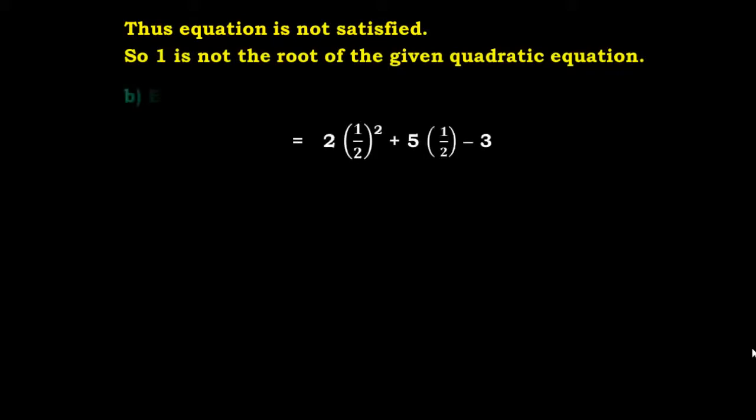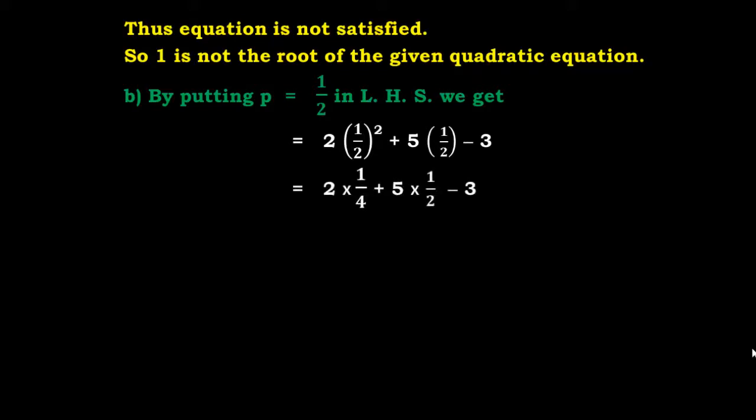See the next value. By putting p equals 1 by 2 in LHS, we get 2 into 1 by 2 the whole square plus 5 into 1 by 2 minus 3. So 1 by 2 the whole square will become 1 upon 4. So 2 into 1 upon 4 plus 5 into 1 upon 2 minus 3. 2 into 1 upon 4 will become 1 upon 2 plus 5 upon 2 minus 3.